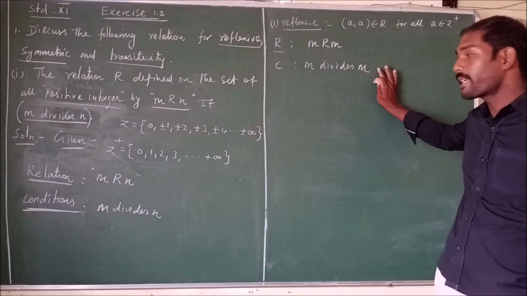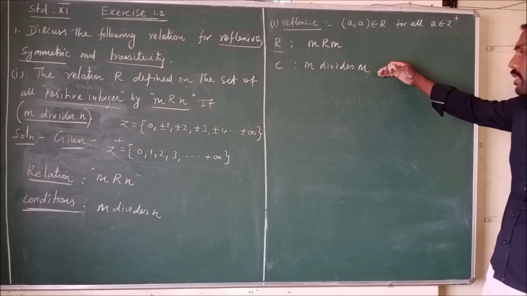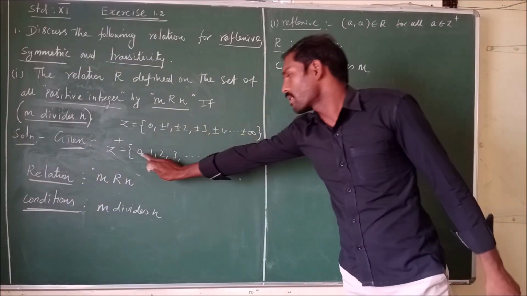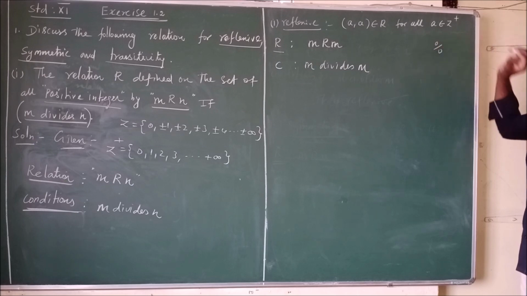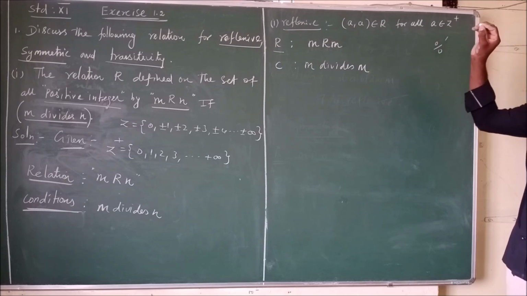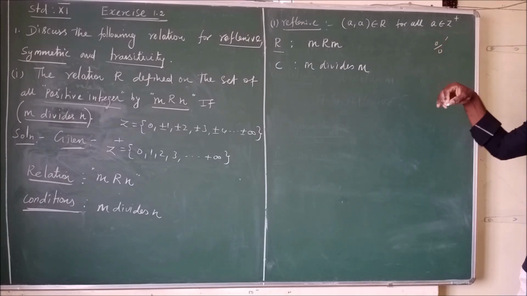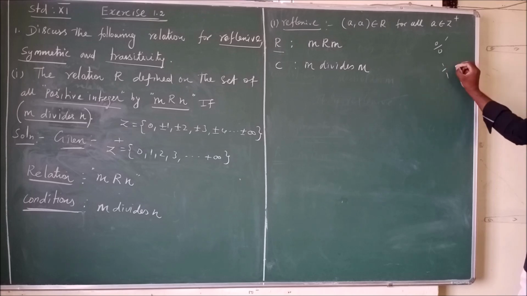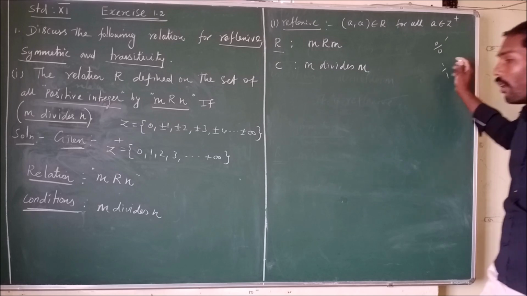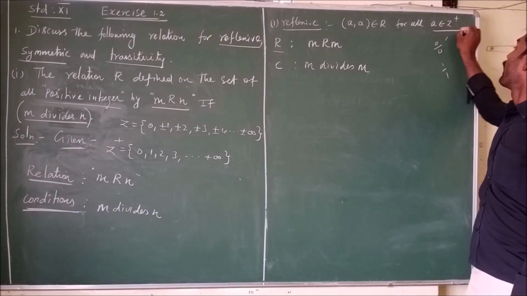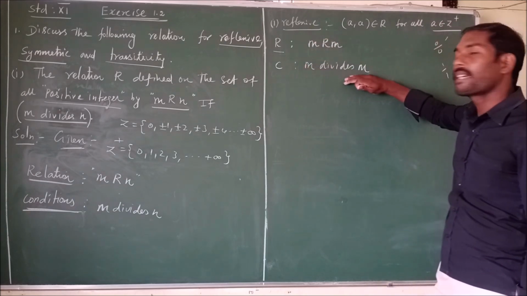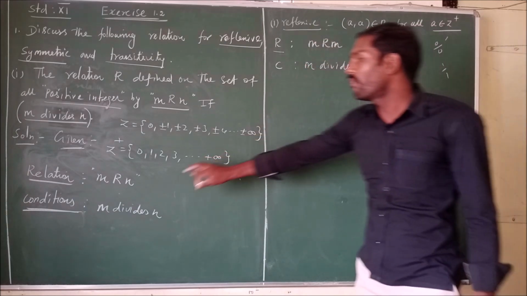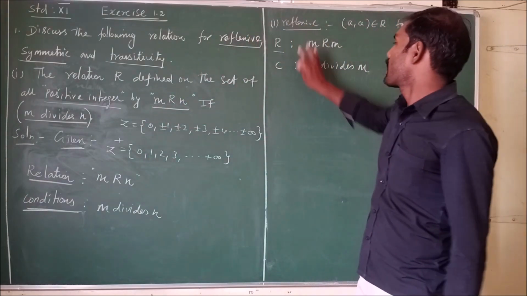Yes, it is satisfied for the reflexive condition. For example, take 0 divides 0. Any number divides itself. So 1 divides 1, 2 divides 2, 3 divides 3, 4 divides 4. All numbers in Z plus satisfy this condition. Hence the given relation is reflexive.